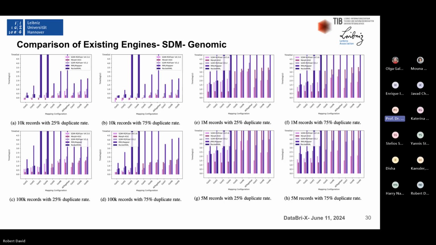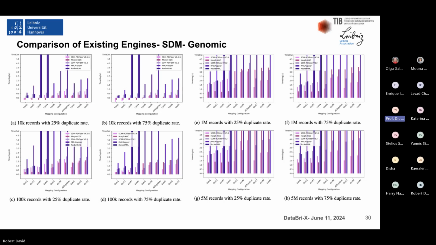And with the duplicated rate is where we can see that all these data structures that we are defining are very beneficial when there are data sources that are overlapping or when we have duplicated values in our knowledge graph.